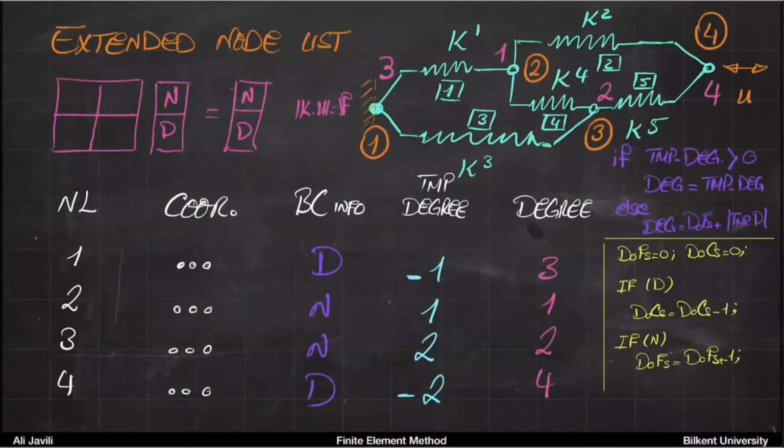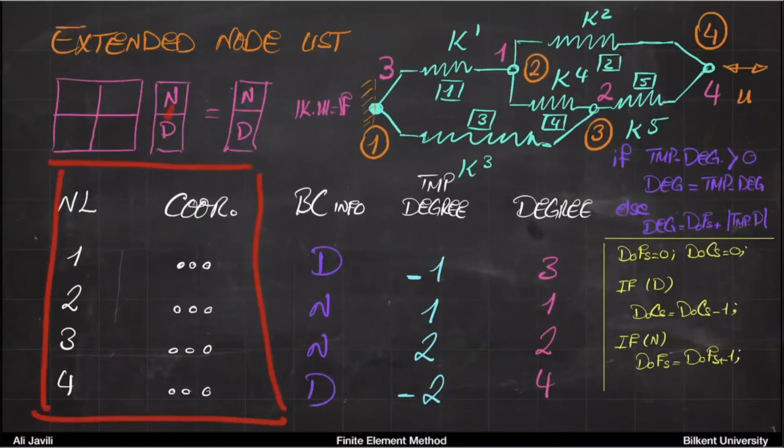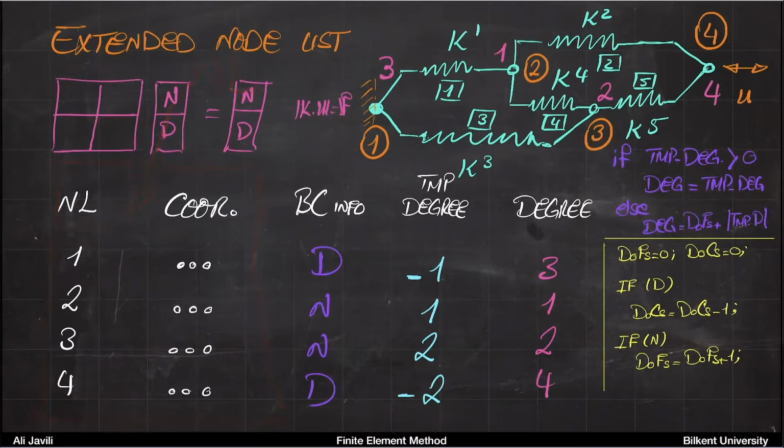So we learned that there is this thing called extended node list. And that extended node list basically is like a node list. So this thing is node list. The first part of extended node list is just node list, so the first two columns.